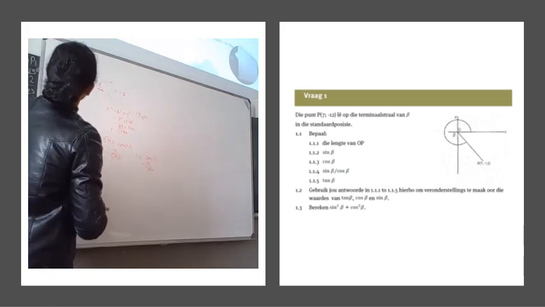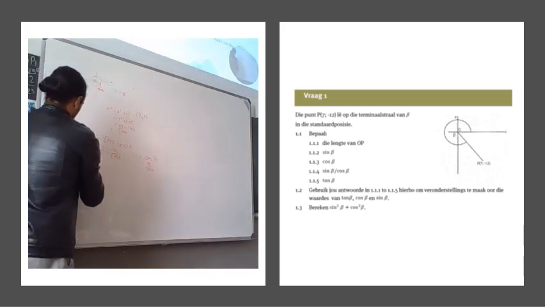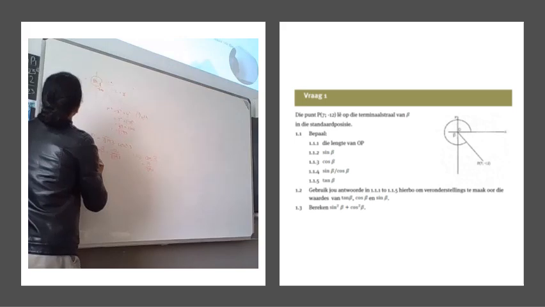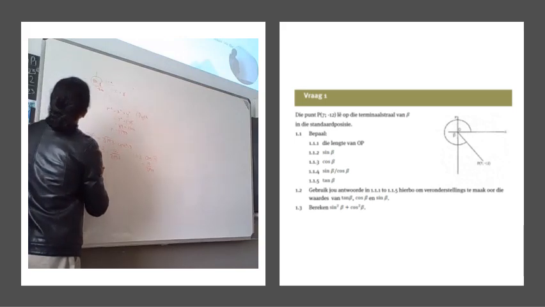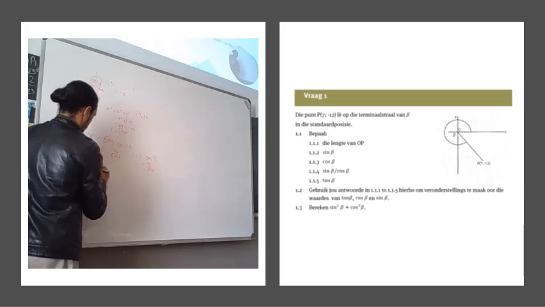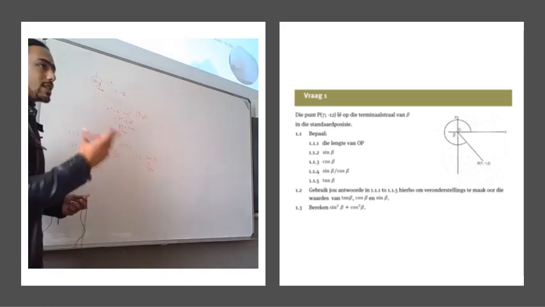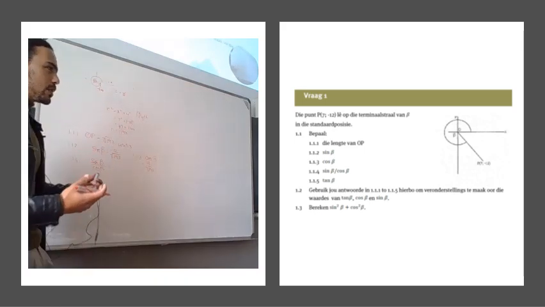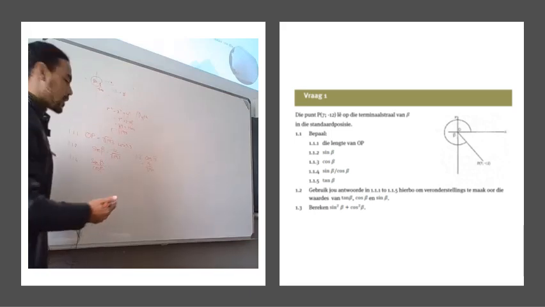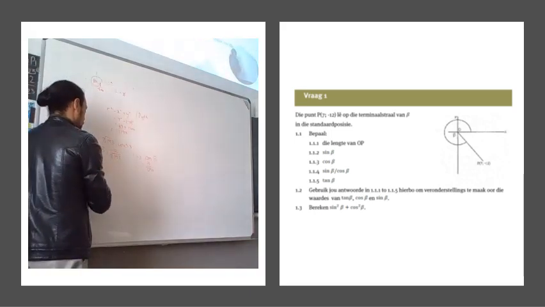Now they ask you number 1.1.4, it's the quotient. They ask you sine of beta over cos of beta. So once I have worked out my sketch and everything is on my sketch, the most important part here is working from your sketch. Then I can just do simple substitution.